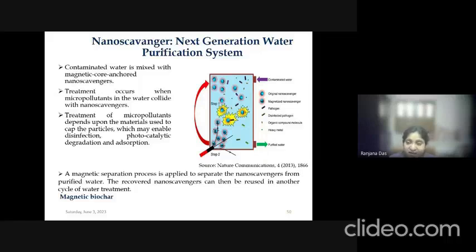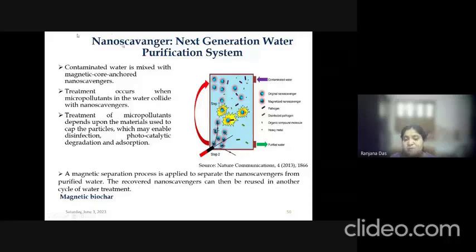You have to regenerate the column every time. But without using any column, the adsorbent can be used in a free mode, and separation is facilitated by the simple use of a magnet. Then why should we go for column design? We should use it in a free mode, and there lies the use of nano scavengers.